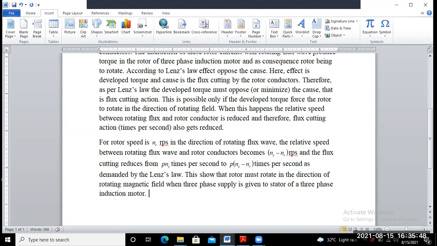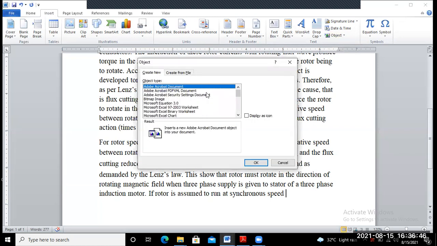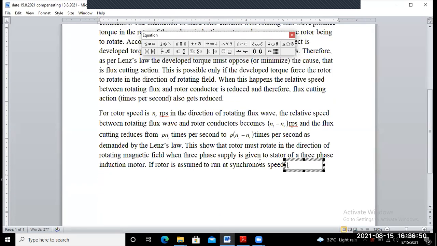If the rotor is assumed to rotate at synchronous speed ns.